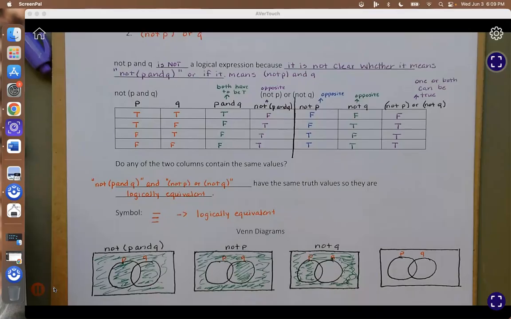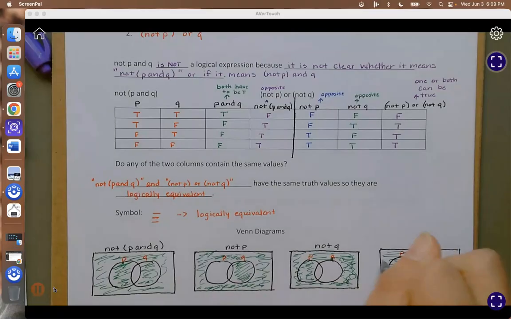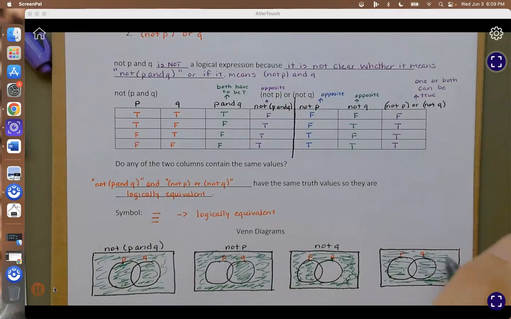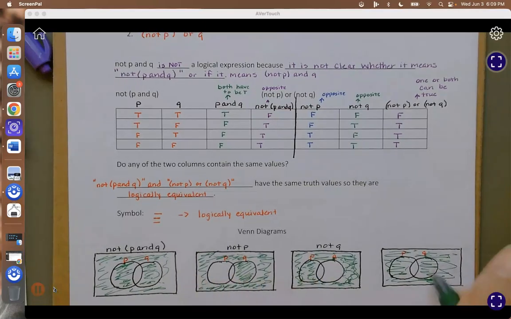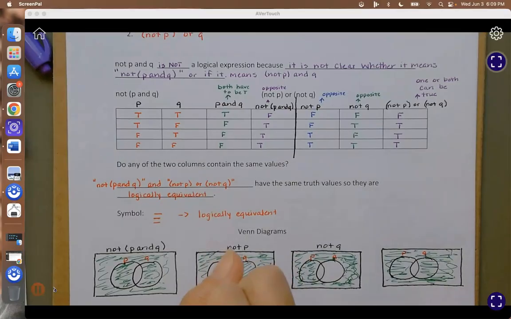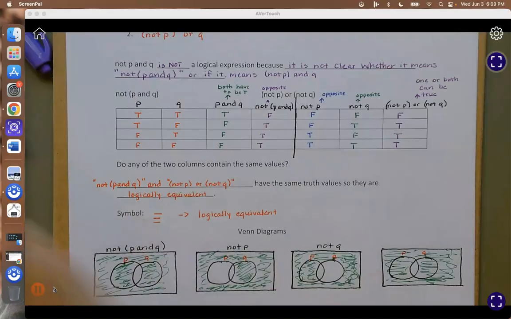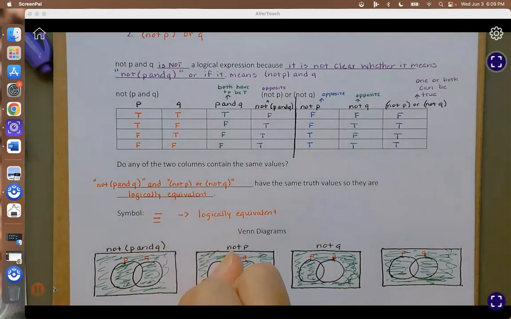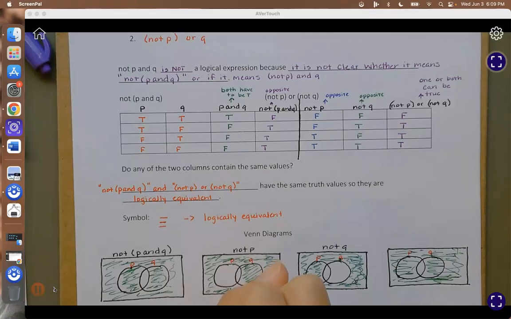So not P or not Q would again be everything but the overlap when you put them together. So what they have in common that's not colored is the overlap. Okay? Now remember that the squiggle line means not.